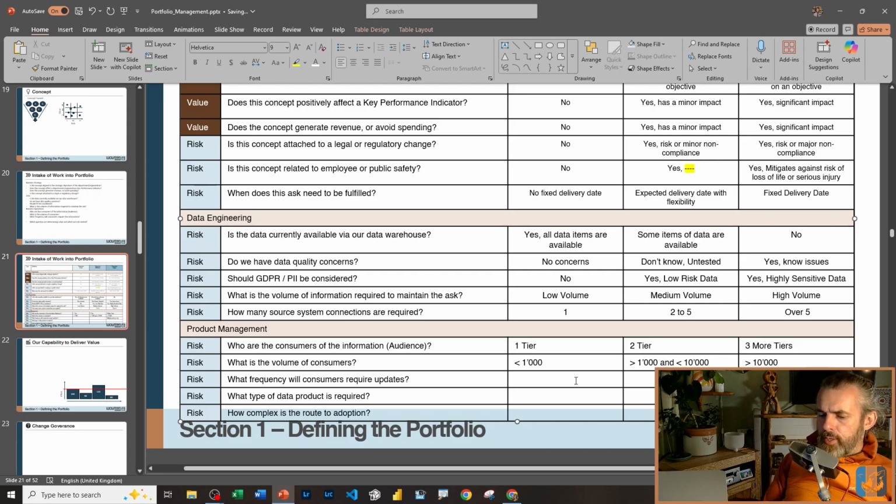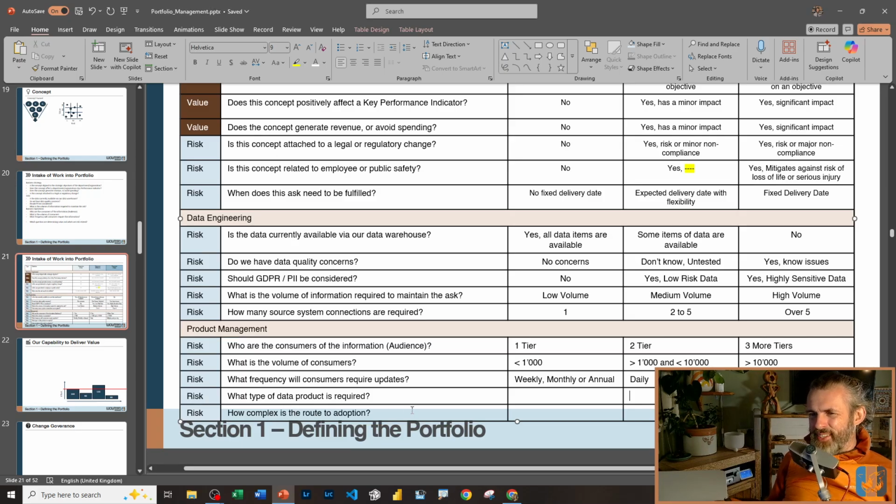Low risk would be weekly, monthly, or annual. And the medium risk would be daily. Exactly like that.